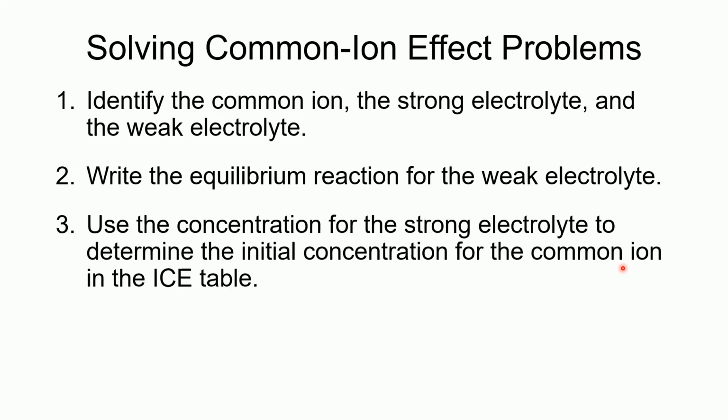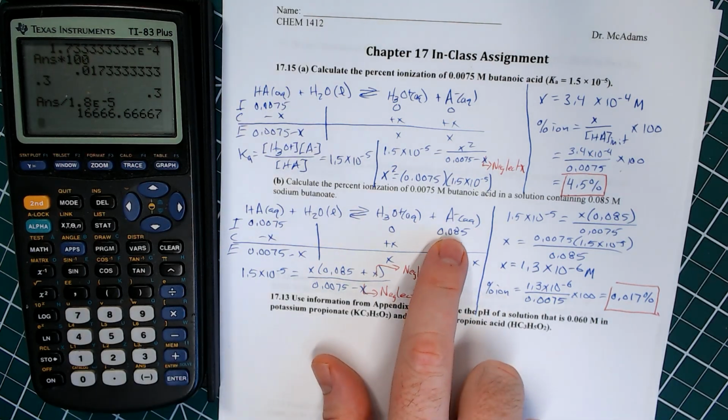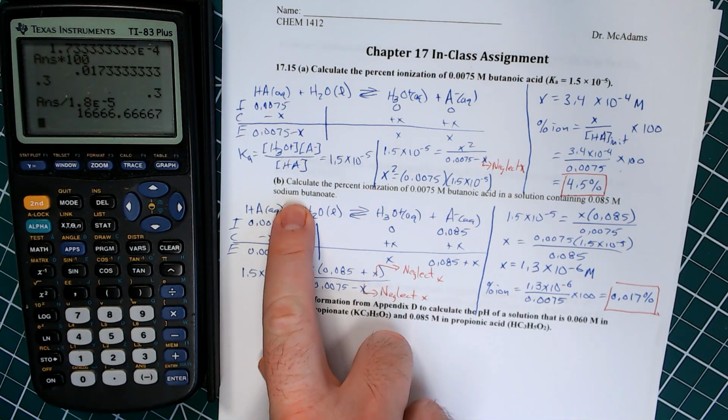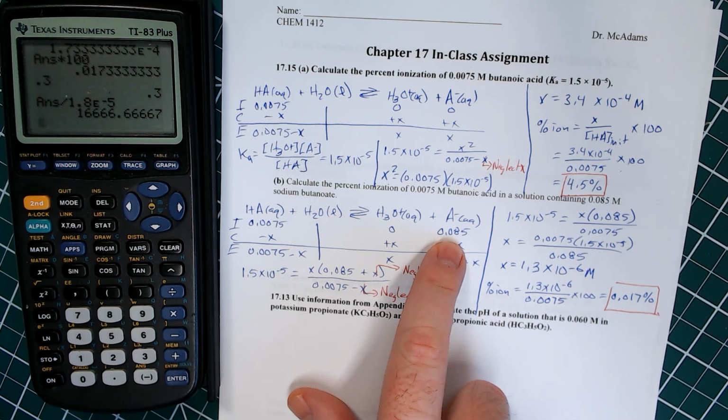Then we're going to set up our concentration table, and for our initial concentration of the strong electrolyte, we're going to use that as the concentration for our common ion in the ice table. In the last example that we did, we used the concentration of the sodium butanoate as the concentration for our common ion, which was butanoate.